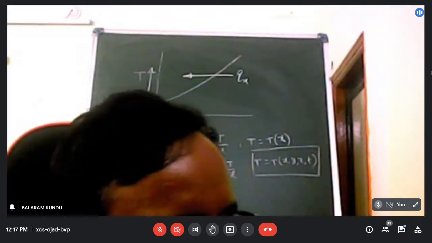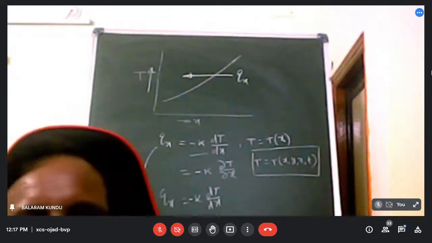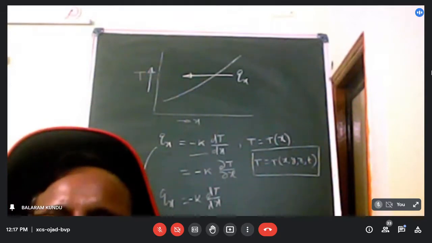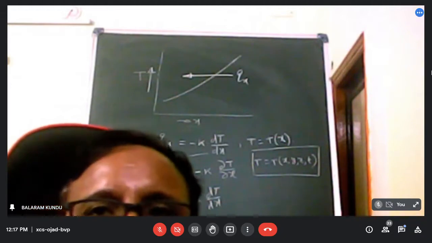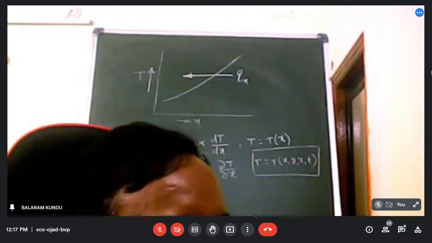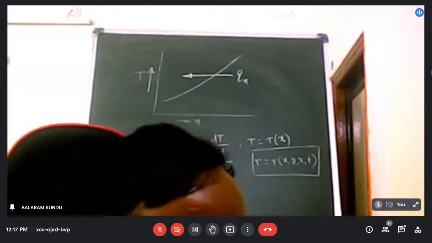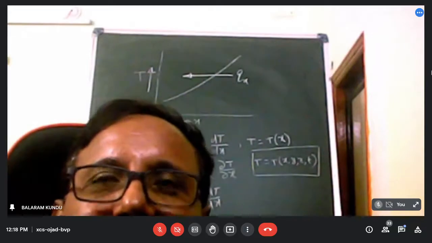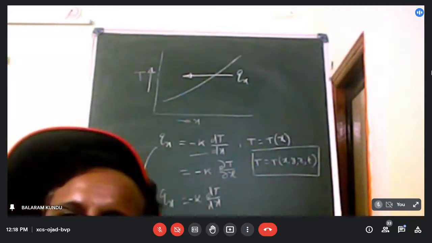And the second assumption is that the solid is stationary. If the solid is not stationary, then what modification will be required? If the solid is moving with a velocity, then another flux will come.